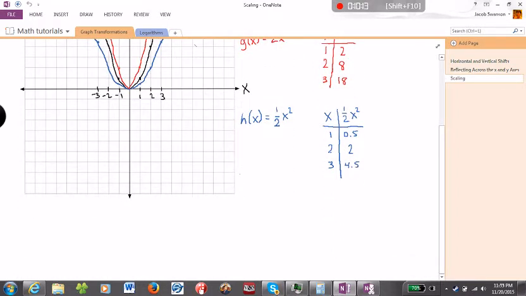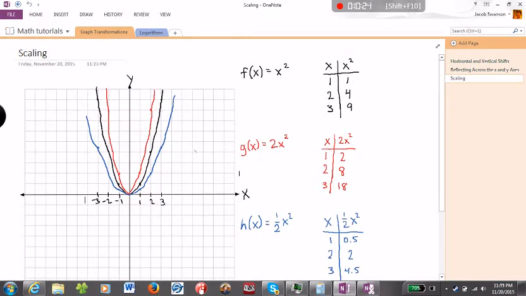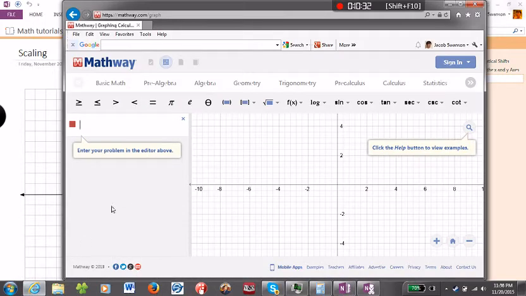I think that'll suffice. We can see this easily on, let's say, a graphing utility. I like Mathway, which has this pretty cool thing on it that you can type in equations.